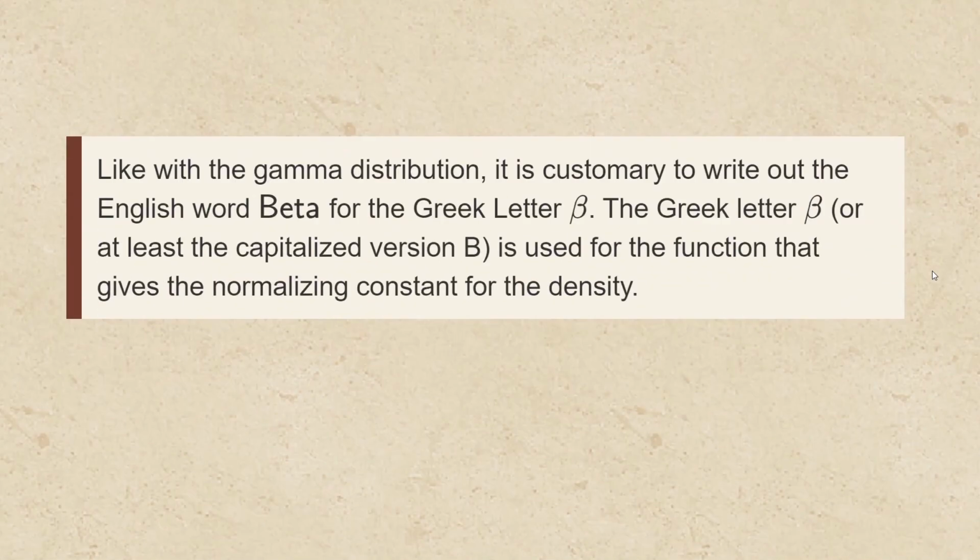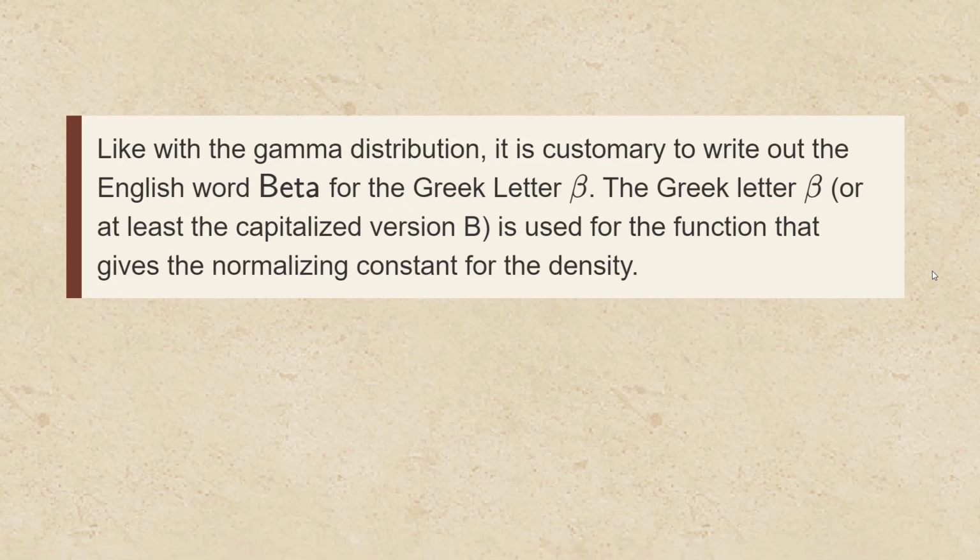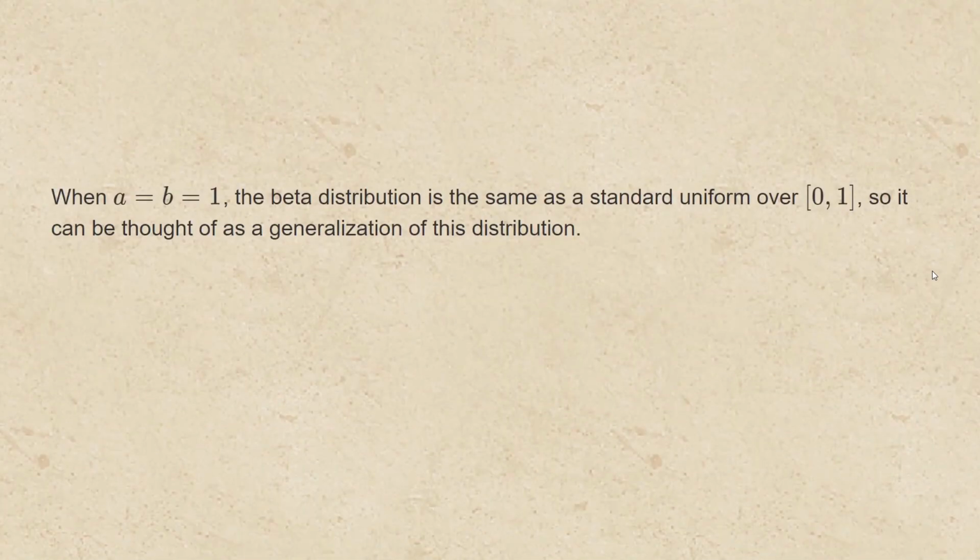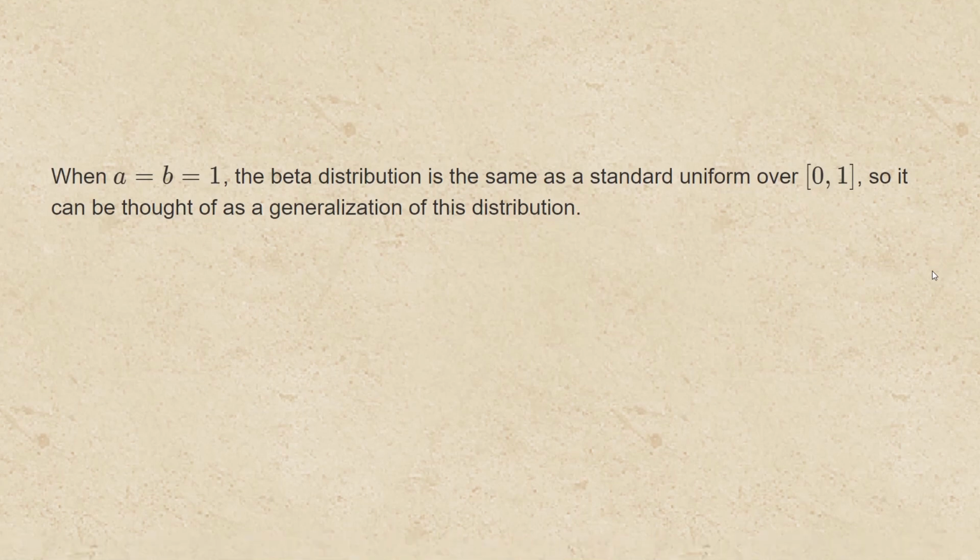Now, like with the gamma distribution, it is customary to write out the English word beta for the Greek letter beta when talking about the distribution. The Greek letter beta, or at least the capitalized version, which looks like a capital Roman letter b, is used for the function that gives the normalizing constant for the density. When a equals b equals 1, the beta distribution is the same as a standard uniform over 0 to 1. So the beta can be thought of as a generalization of the standard uniform distribution.